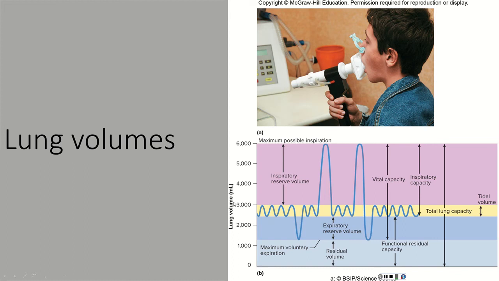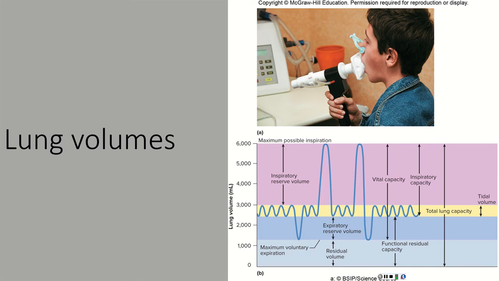So what we're seeing here is called a spirograph or a spirographic readout, and this is going to be showing us the different volumes or capacities, basically the different levels of air, the different measurements of air in different types of breathing within the lungs.